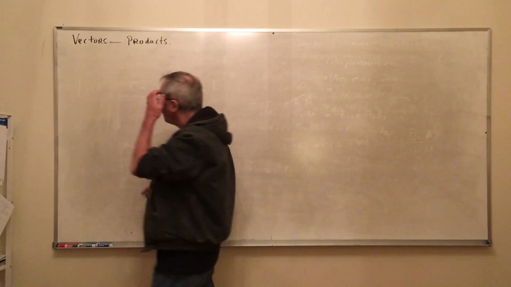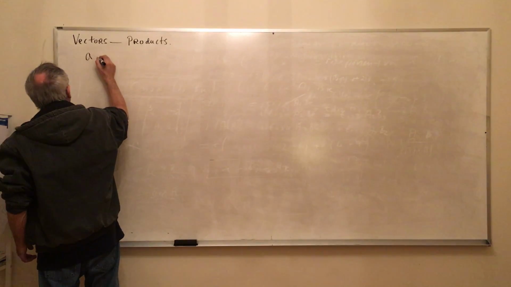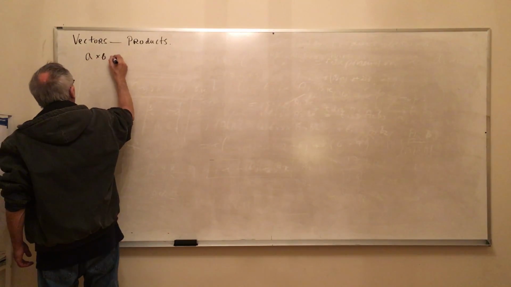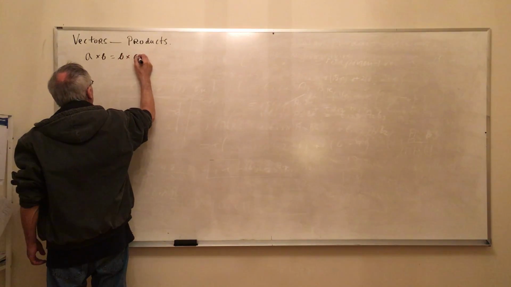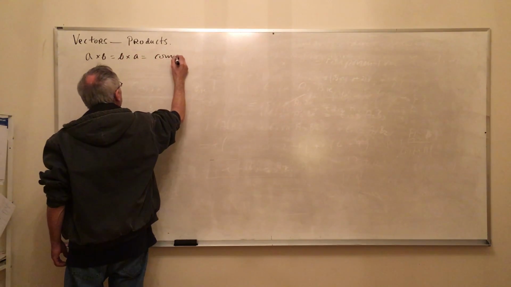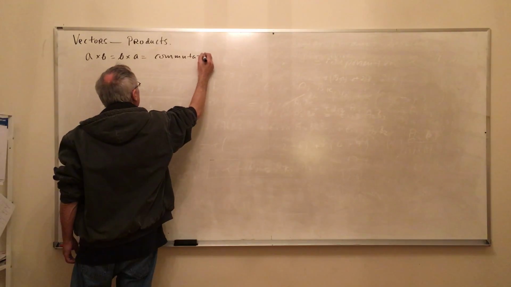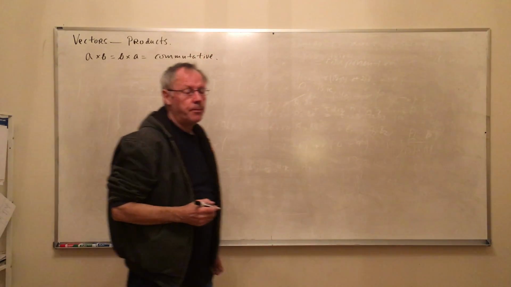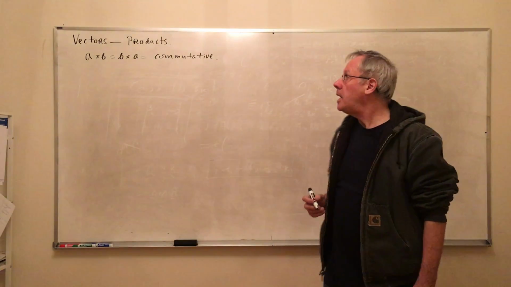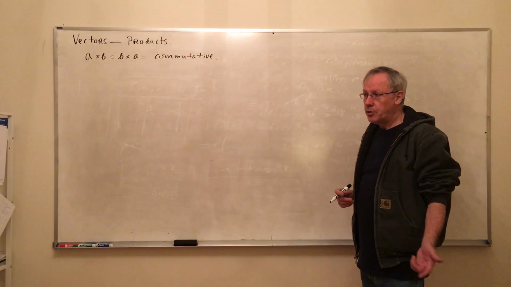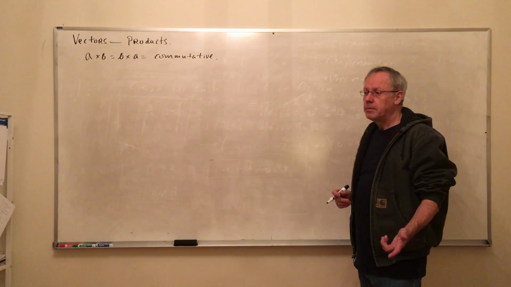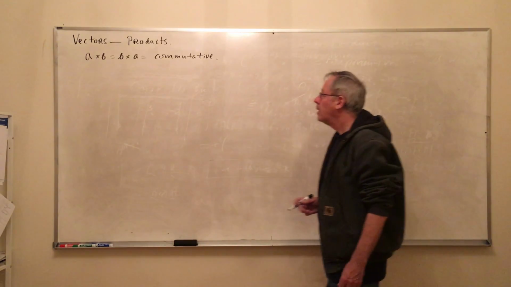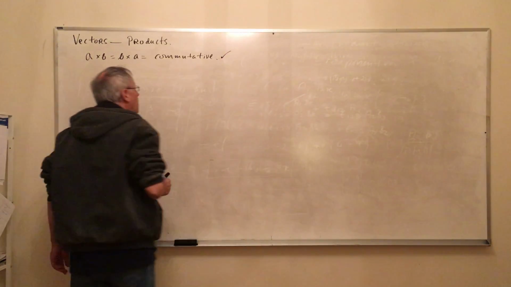Now with numbers, if you multiply two numbers, a times b gives you b times a. 2 threes is 6. 3 twos is 6. It means that it's commutative.